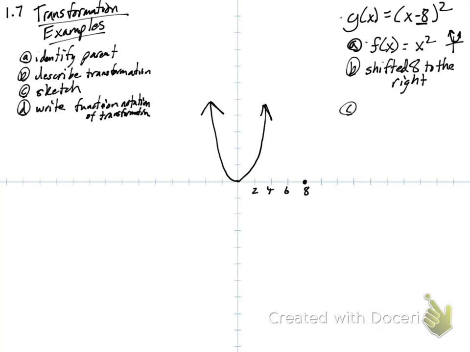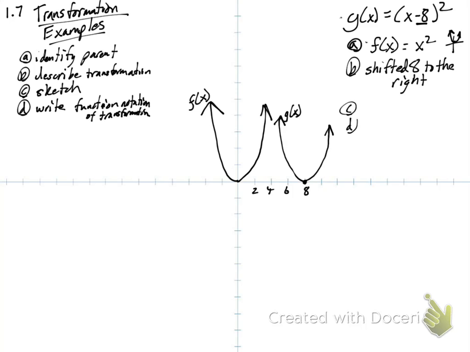From there, it's the exact same parabola, just over 8 units. So my new function is there. I'll leave the other one. This one is f of x, my parent function, and this one is g of x, my transformed function.